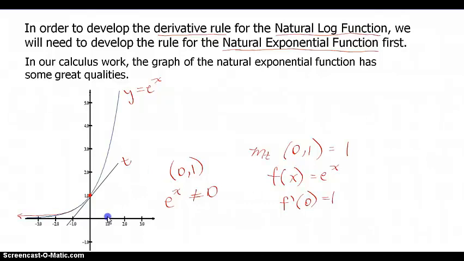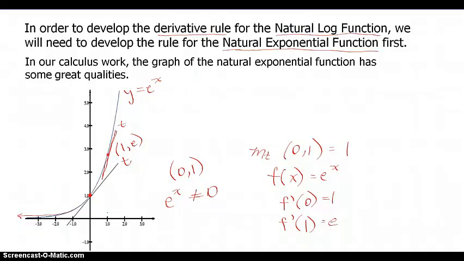And the beauty part is that no matter where we are on this function, for instance, here is the point (1, e), when we take the slope of the tangent line through the point (1, e), or f prime of x equals 1, the slope is e there.